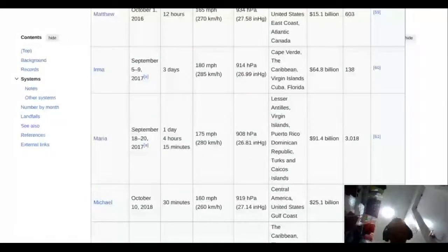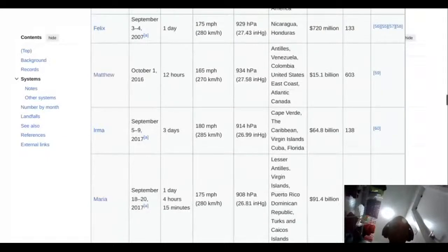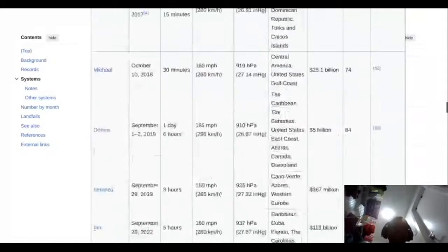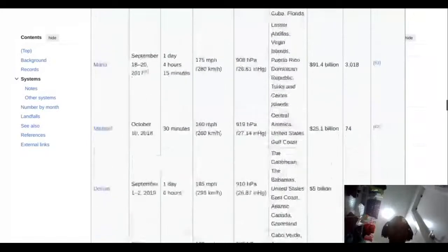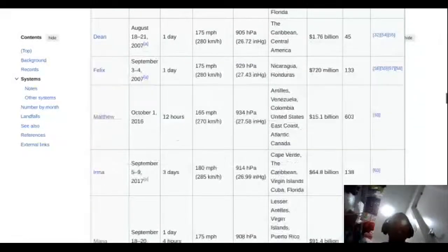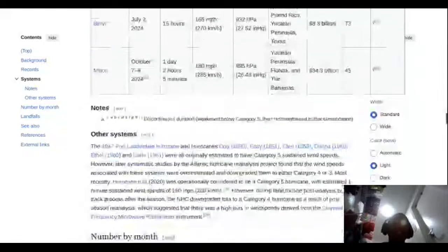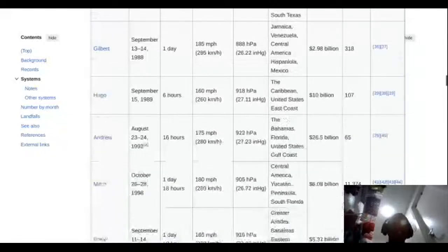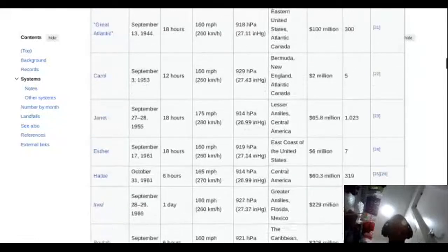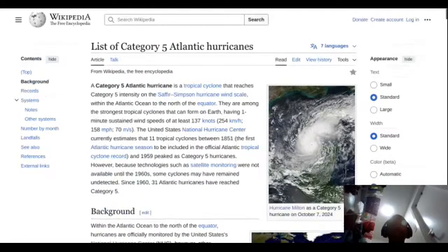Maria lasted a day, 4 hours, and 15 minutes. I honestly think that Milton is gonna get the win for this one. He lasted the longest. I think he's gonna get the win for this one. He has to get the win for this one.